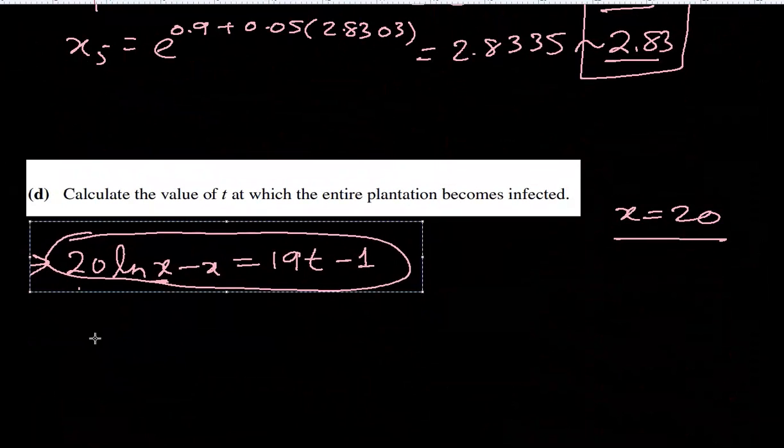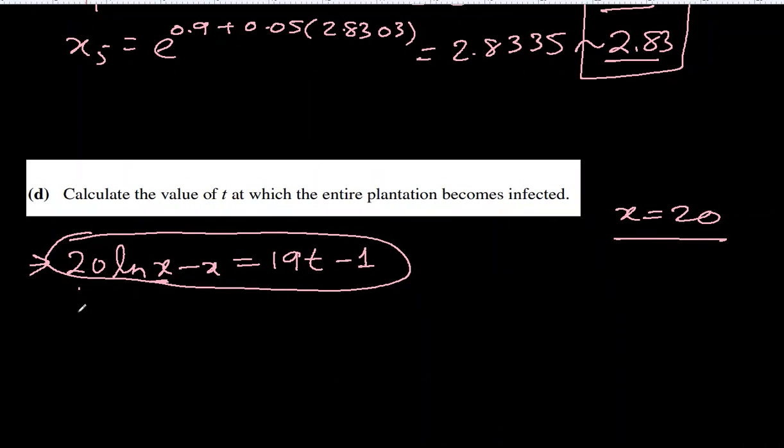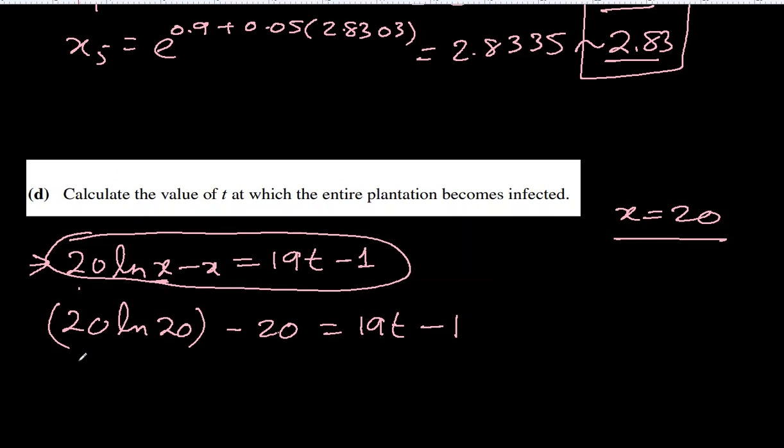So let me copy this and go back to that place. Here we are. So let's write it: 20 ln 20, because x is 20 now, minus 20 equal to 19t minus 1.